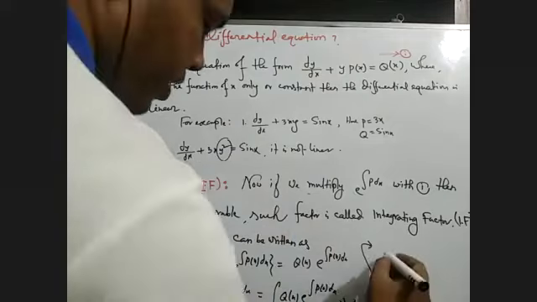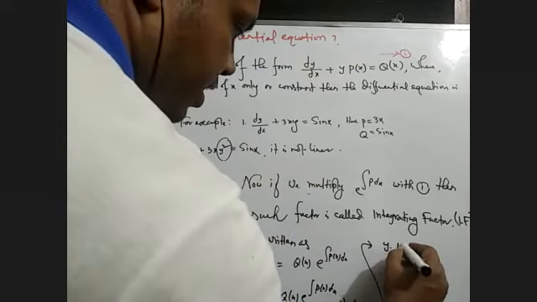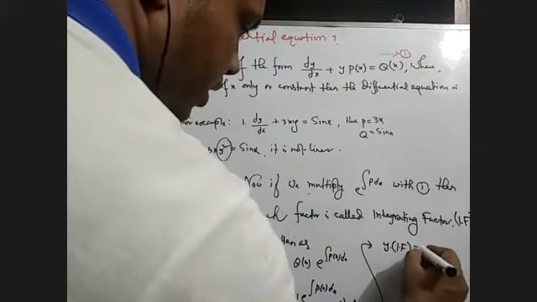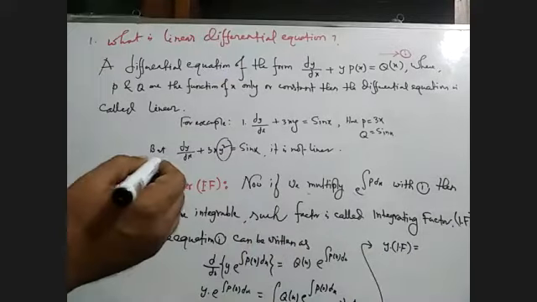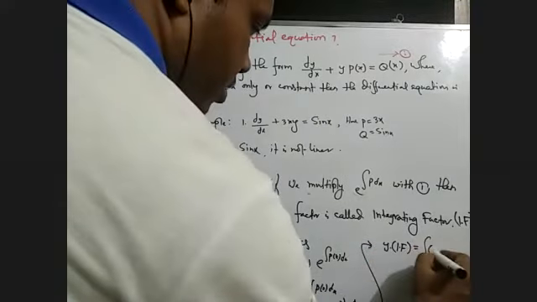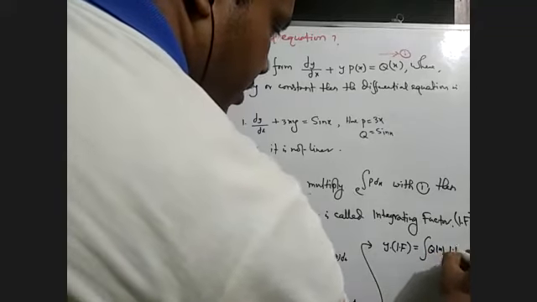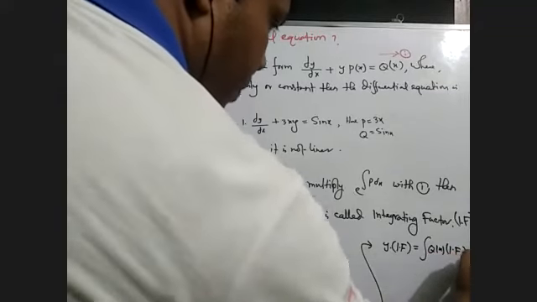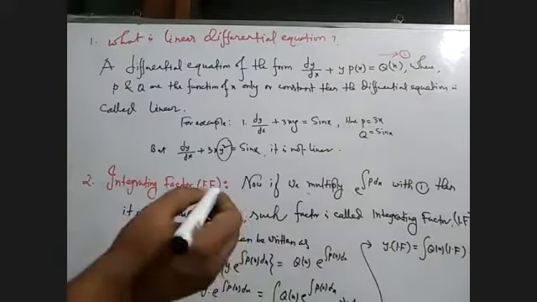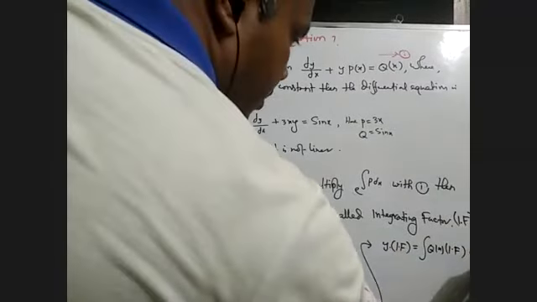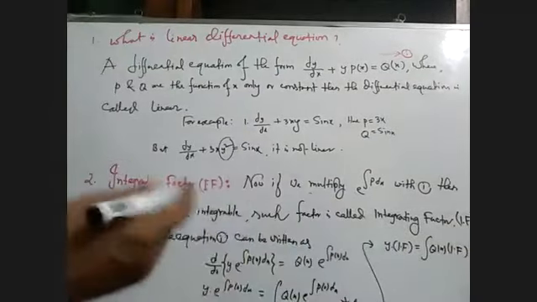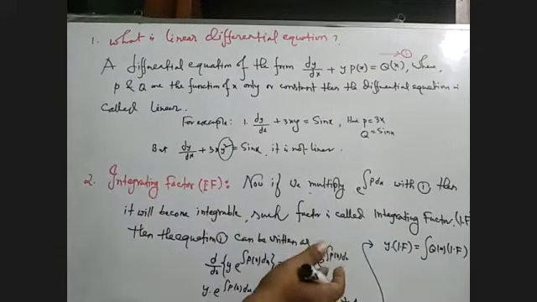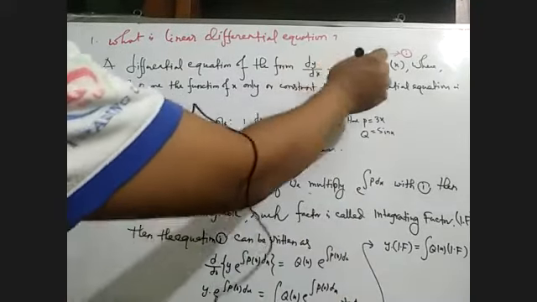This solution can be written as y times the integrating factor equals the integral of Q(x) times the integrating factor dx, plus c. So this is the standard form of the solution of a differential equation of this type.